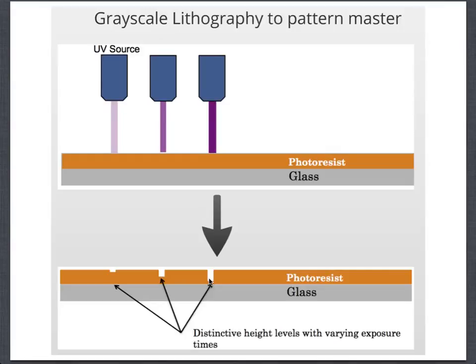Now, we don't want it to go away completely. Say we want a partial leftover of the photoresist. So how do we do that? We change the intensity of the laser, and depending on the intensity, it will get fully exposed, or partially exposed, or not exposed at all.